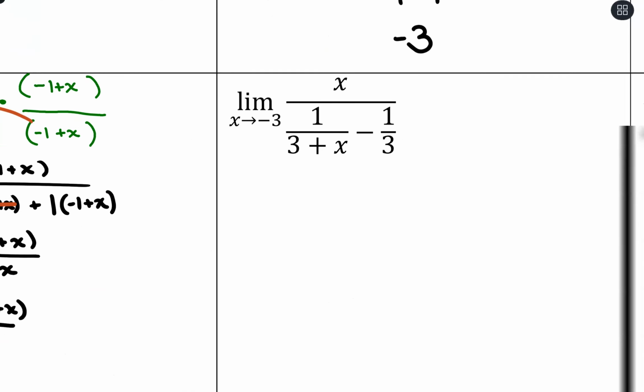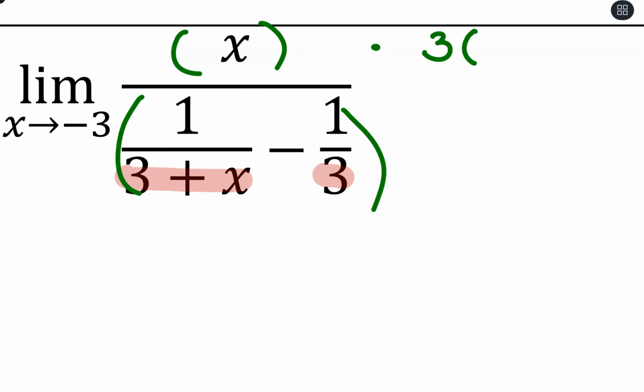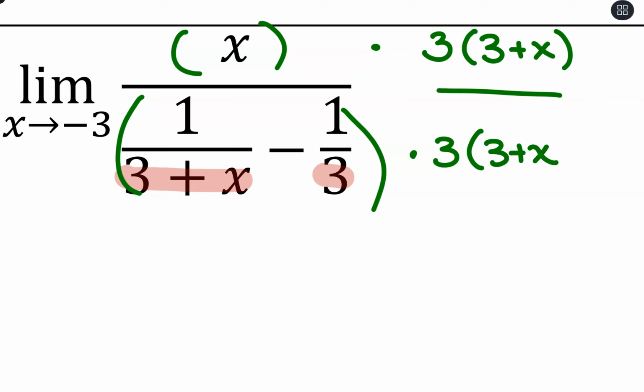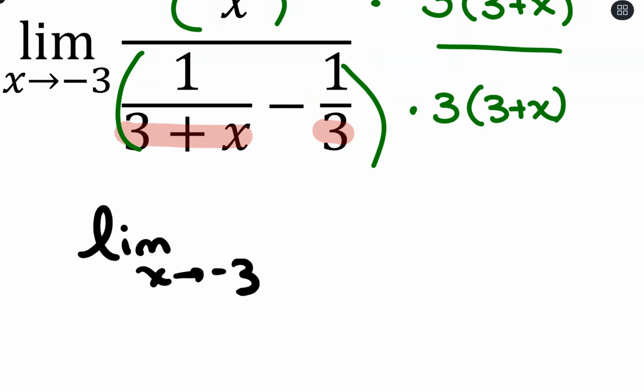All right, this next case, we're going to be doing the same thing, except this is a scenario where I have 2 denominators. So I have a 3 plus x and a 3. So multiplying by the least common denominator, what I'm going to have is times 3 times a 3 plus x. And then same thing down there. So up in the numerator, see, we're still taking our limit.